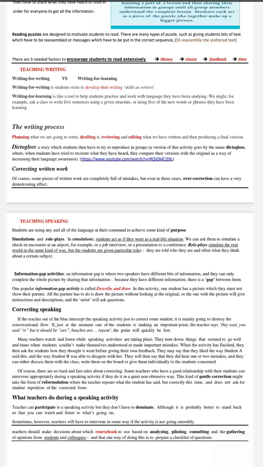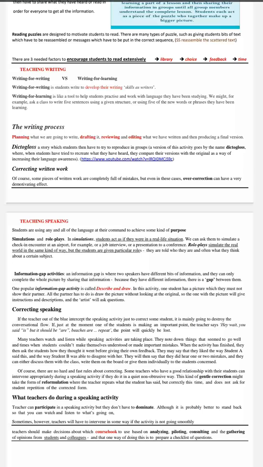If just at the moment one of the students is making an important point, the teacher says, "Hi, wait, you said...", repeat, the point will quickly be lost.